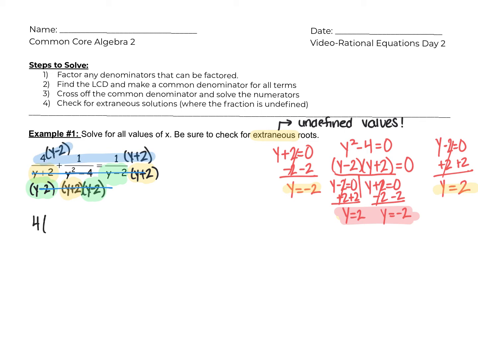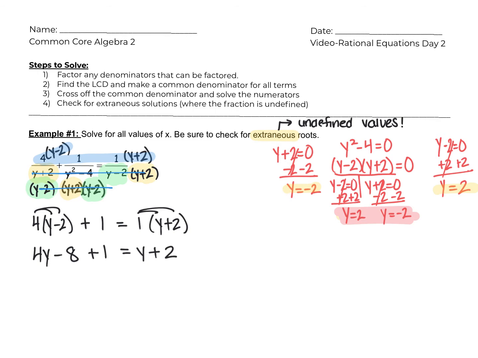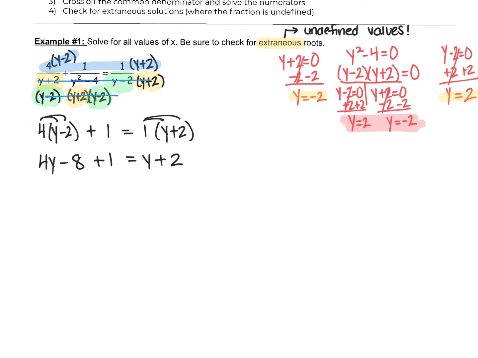So 4 times y minus 2 plus 1 equals 1 times y plus 2. So I can distribute the 4. So 4y minus 8 plus 1. And if I distribute this 1, we're just going to be left with y plus 2. And the goal, set it equal to 0.